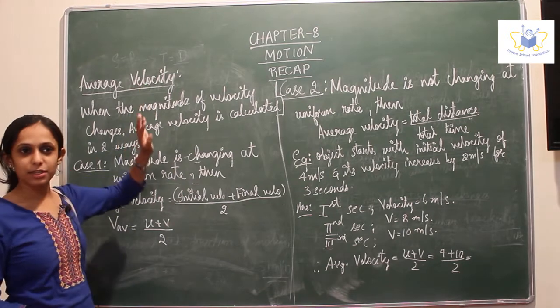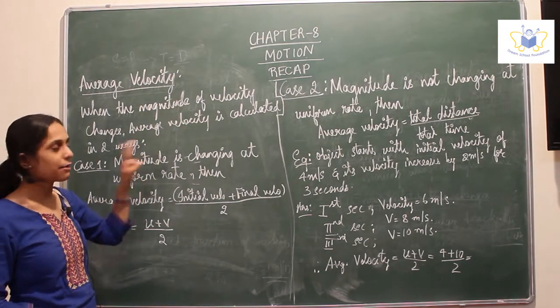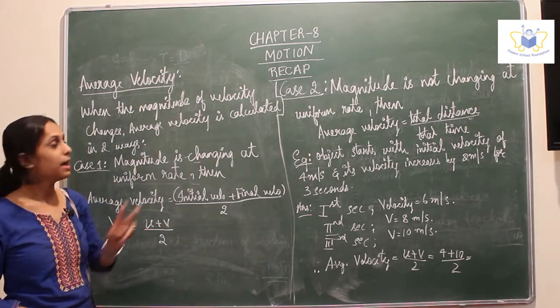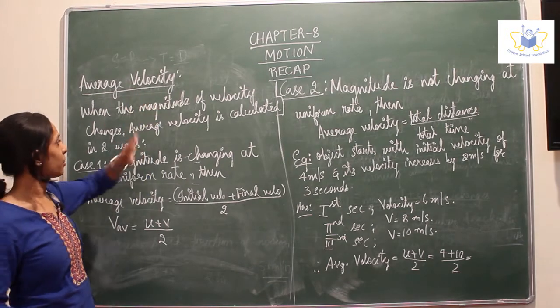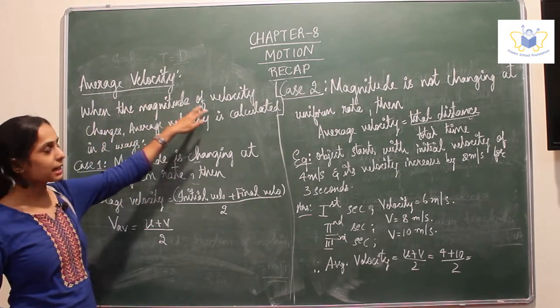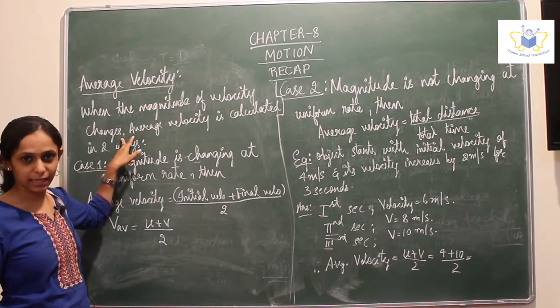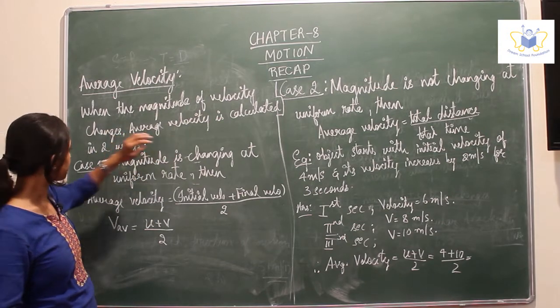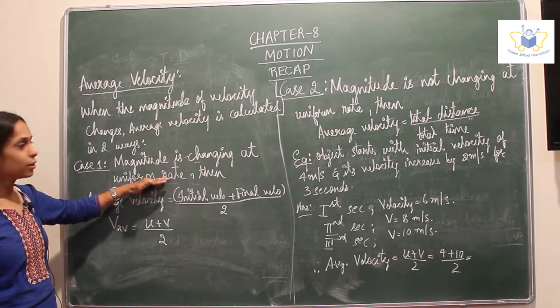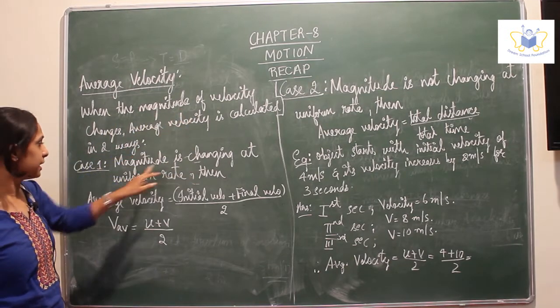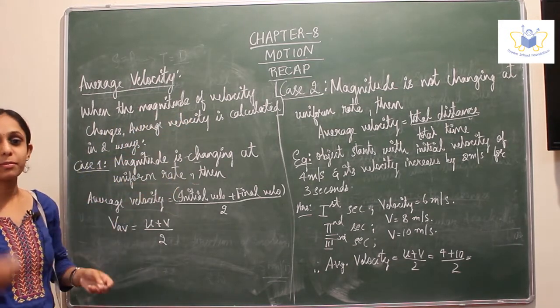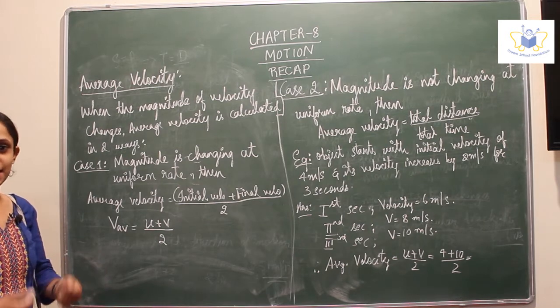But to calculate average velocity, you will have to consider two different cases because this is a vector quantity. First, when the magnitude of velocity changes at a uniform rate. What do you mean by uniform rate? Equal distance in equal time.